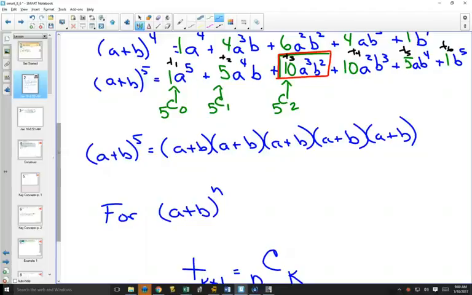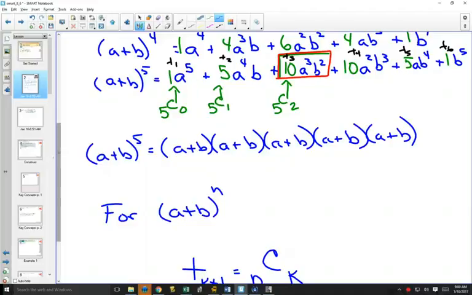And that 2 is 1 less than the term position. And we saw that when we looked at Pascal's triangle, that it was always 1 less than the term position. We also noticed it was 1 less than the row, but once we get into this, we're really not concerned about the row number, but we will be concerned about the term position, and the k value is always going to be 1 less than the term position.